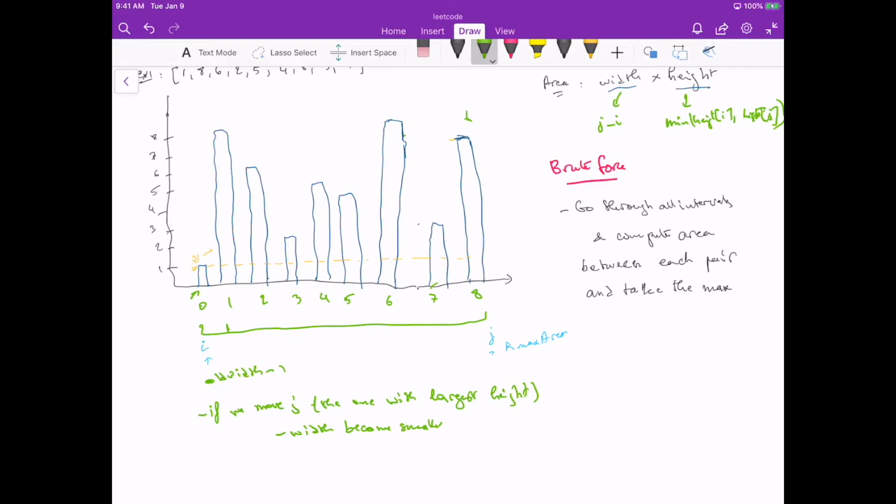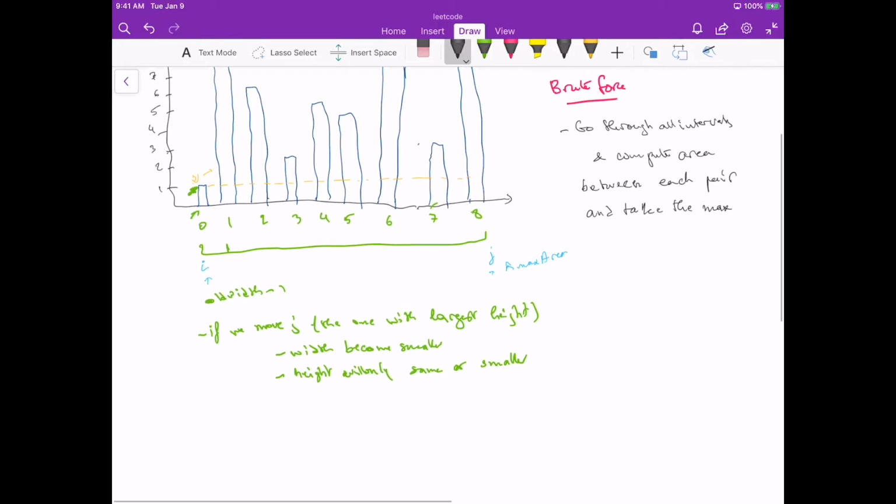But the height, even if it's bigger than the one we have, will still be limited by this smaller one. And if it's smaller, then the height would also be smaller, and we'd have a smaller area. So the height will only be the same or smaller. No matter what we do, if we move the larger one, we will have a smaller area, right? And so that's not optimal.